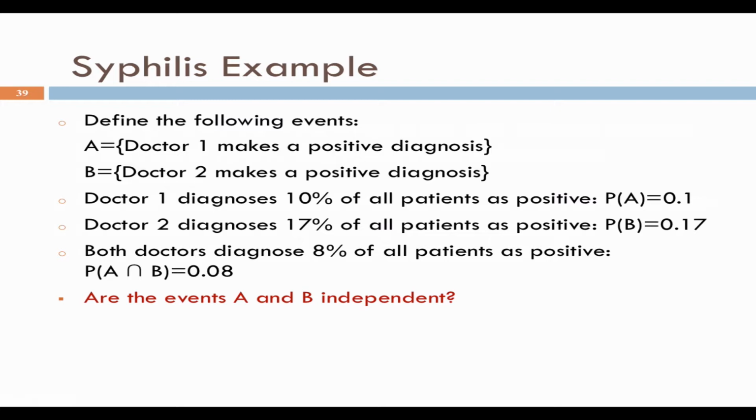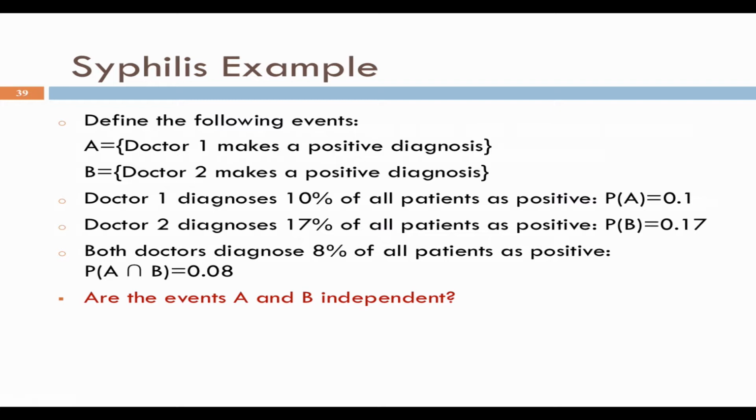The probability of event A, that the first doctor makes a positive diagnosis among all the patients he has seen, is 10%. And the probability of event B, that the second doctor makes a positive diagnosis among all the patients he has seen, is 17%.